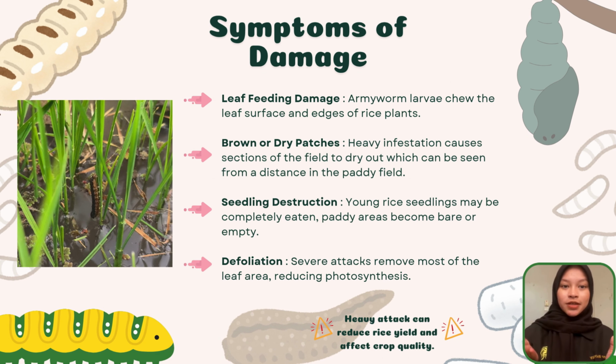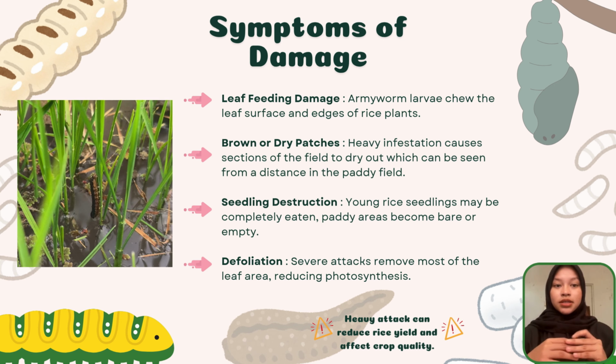Next, let's talk about the symptoms of damage. First is the leaf-feeding damage. Armyworm larvae chew the leaf surface and edges of the rice plants. Second is the brown or dry patches. Heavy infestation causes sections of the field to dry out, which can be seen from a distance in the paddy field.